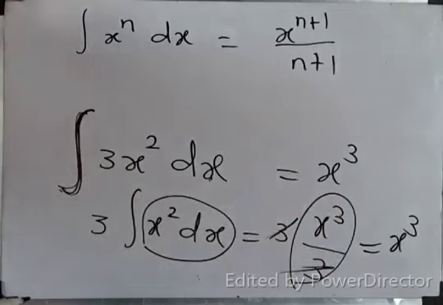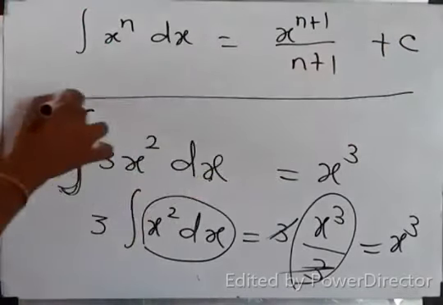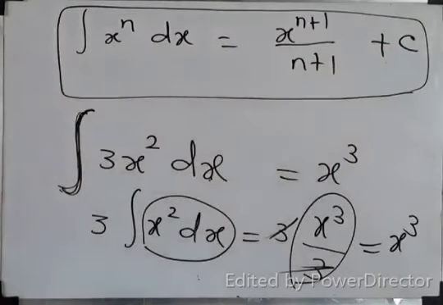What you are writing on the x power, the same thing you are dividing by in the denominator also. Correct? Then plus c will appear. This is the first formula. Integral x power n dx is x power n plus 1 by n plus 1 plus c. This is my first formula.